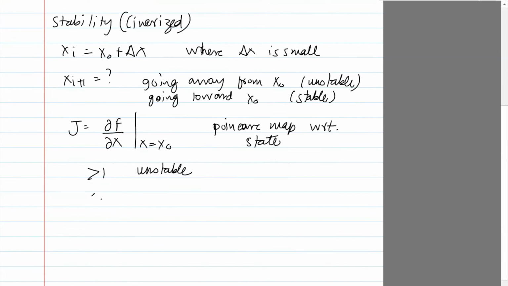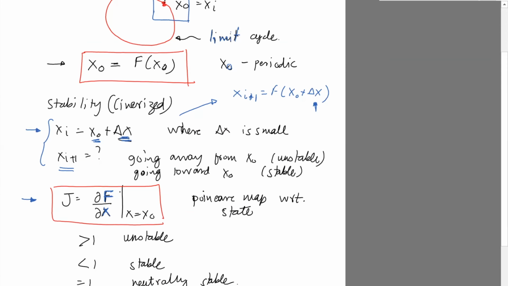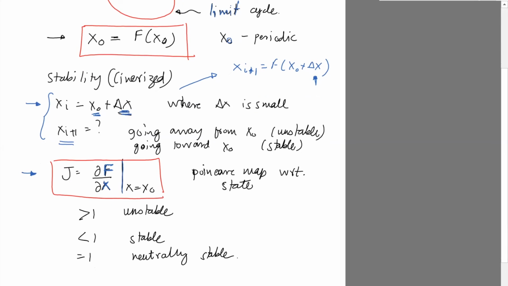If it is less than 1, it's stable. And if it's equal to 1, it's neutrally stable. So this is a check on the stability of the system that avoids doing the delta x perturbations and seeing the response, and we evaluate it at x equals x0, which is the fixed point.